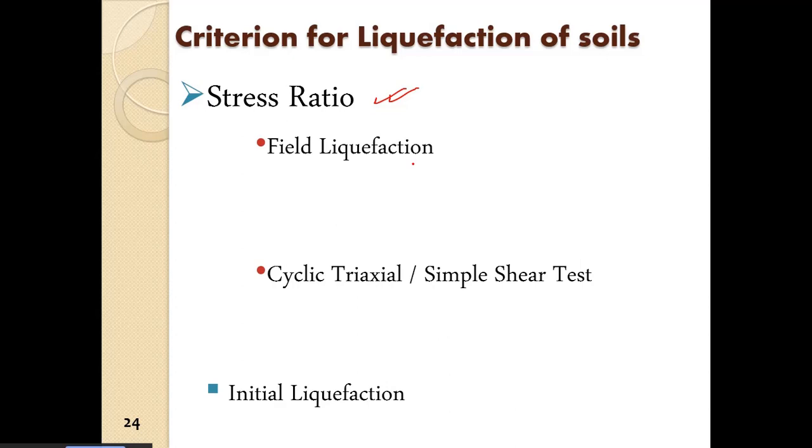Right? So Seed and Peacock, what he did, he related the ratio of the... So in the field, if you remember, we had one element in the field, and then we had the base rock.